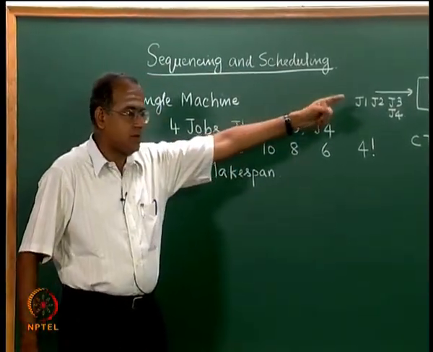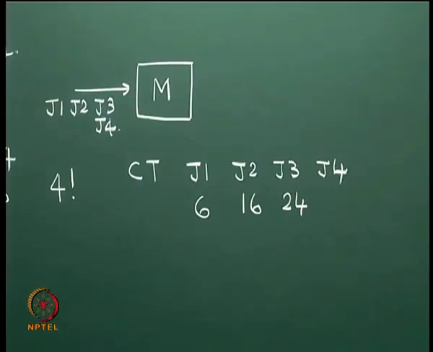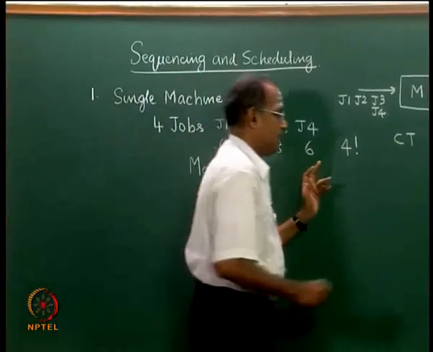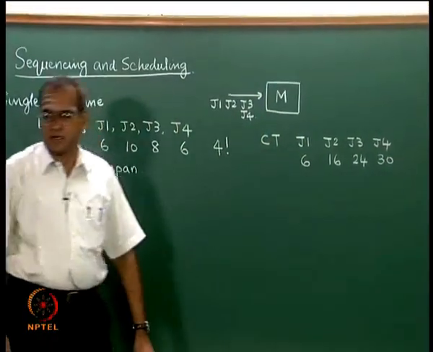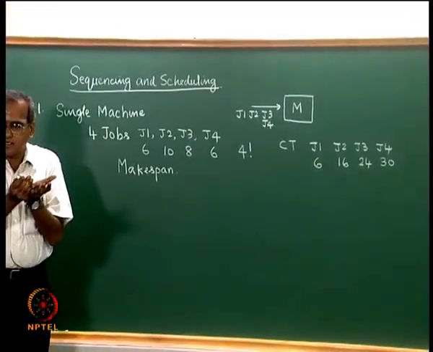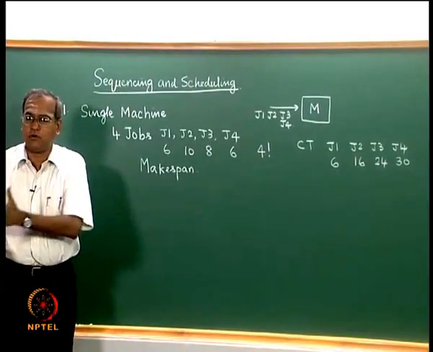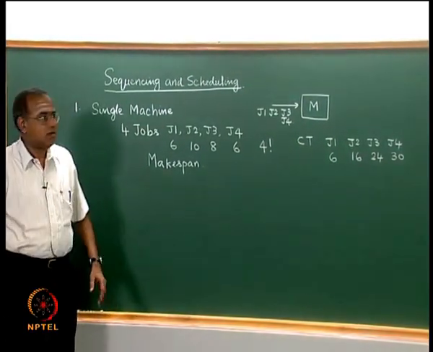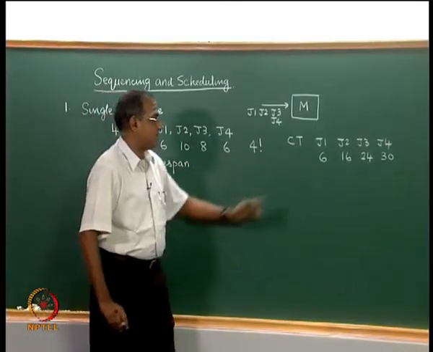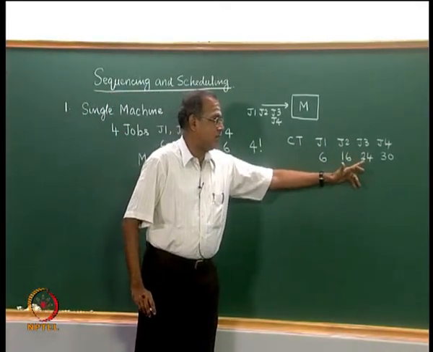At time equal to 24 the machine is again free, J4 enters, takes another 6 units of time, and comes out at time equal to 30. So, if we consider the sequence 1, 2, 3, 4, which is the order in which the jobs are going inside, the jobs come out at time 6, 16, 24 and 30.